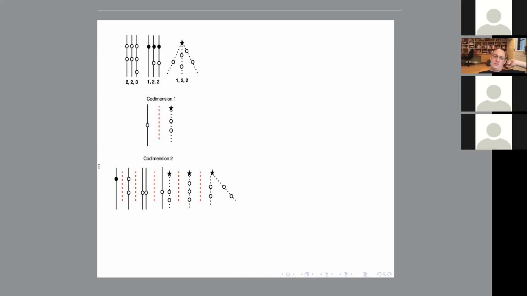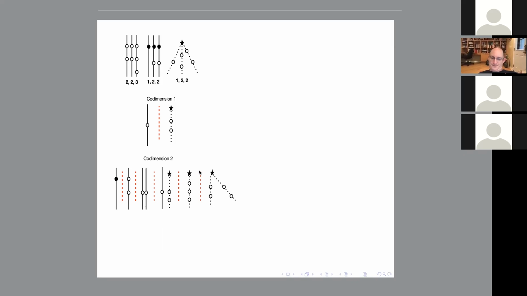And if I have 3 points, I can make the first 5. And once I have 4 points, then I can make all classes. And once you have 4 points or more, then the fourth Betti number stabilizes and there are 6. The fourth Betti number is 6. And then you can think a little bit for yourself and convince yourself that any Betti number will stabilize once you have enough points. Okay?